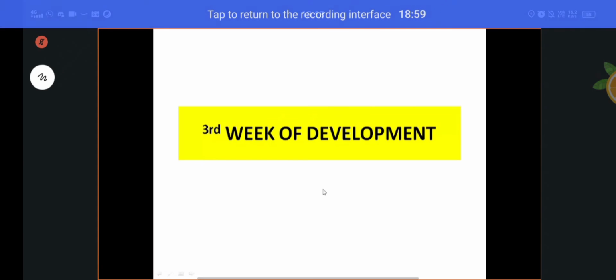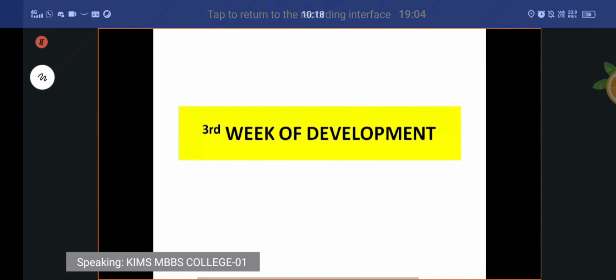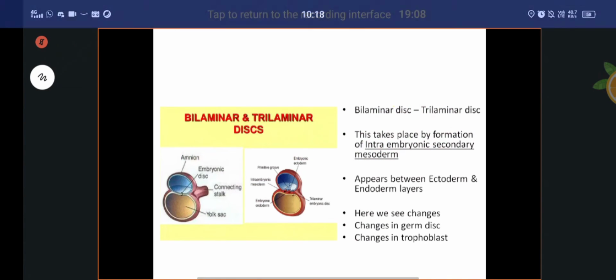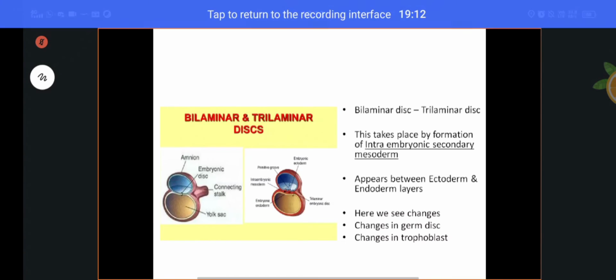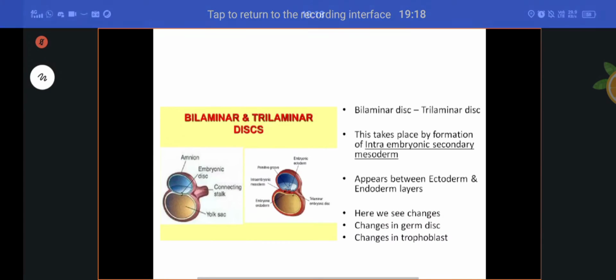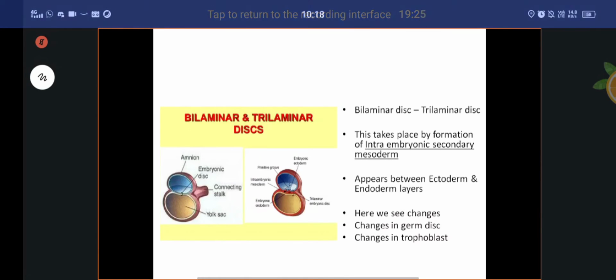Now, coming to the 3rd week of development. In the 3rd week, this bilaminar disc is converted into a trilaminar disc. Until now, we have seen the bilaminar disc: the ectoderm and endoderm are formed, and a gap appears between them, forming the amniotic cavity, filled with amniotic fluid.